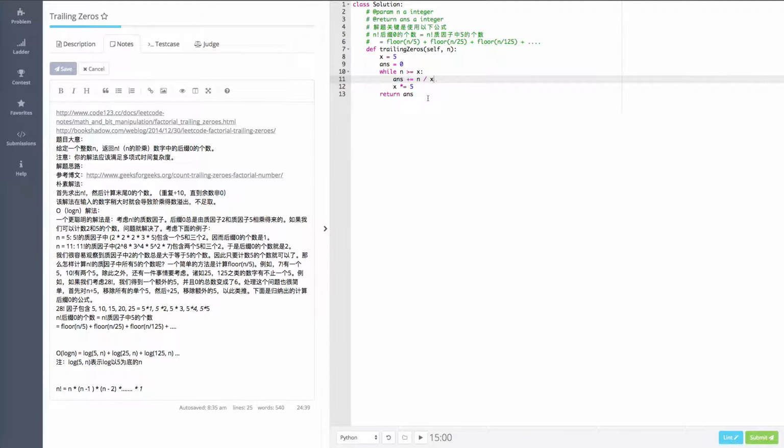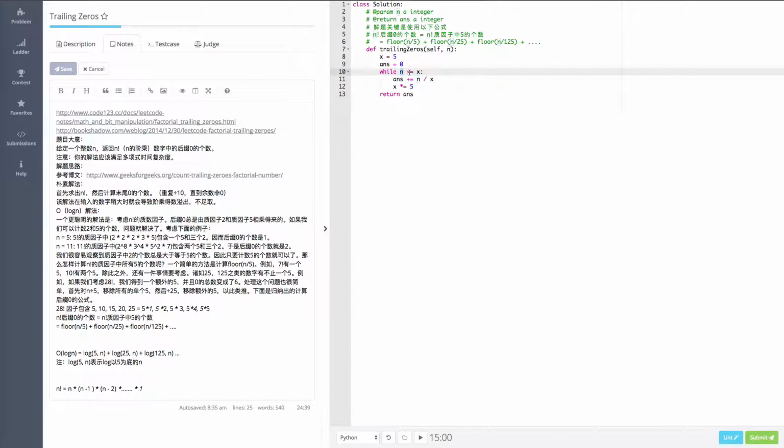Let's look at this solution. I use Python. This is our function, the entrance, and we're taking one parameter, which is n. First we give the factor the initial value of 5, and we give the answer 0, and we have the while loop.